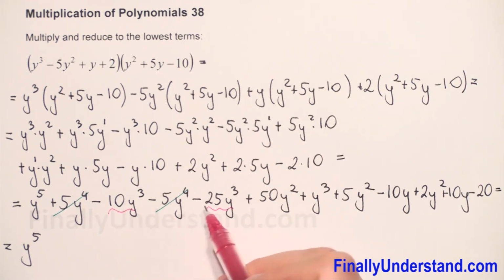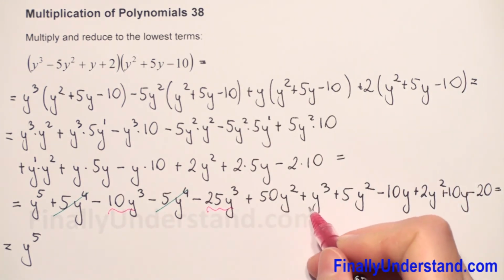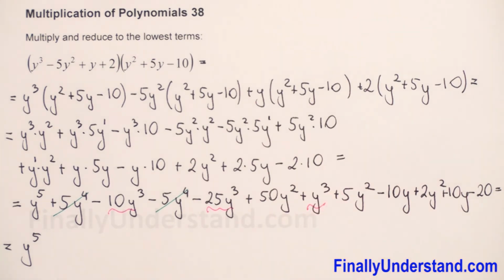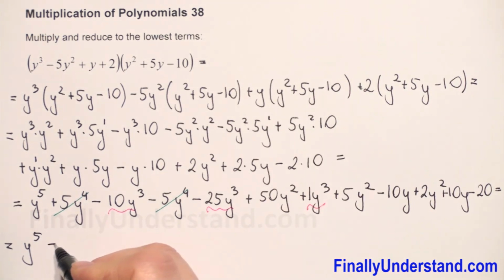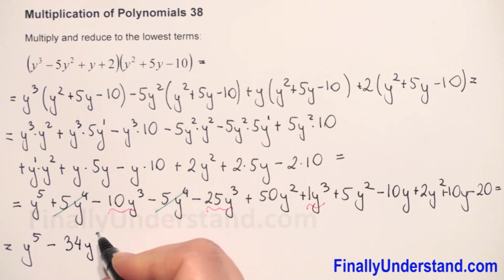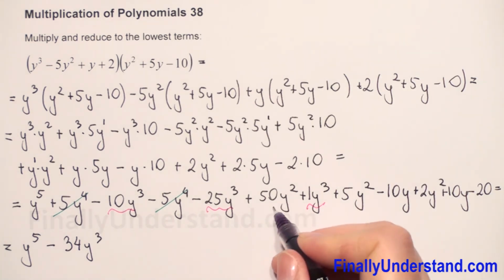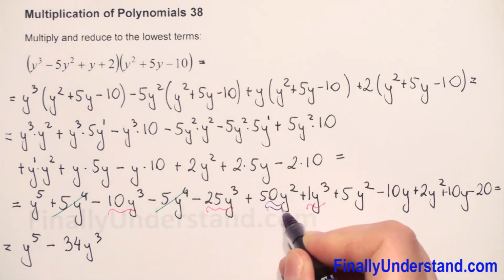So this is negative 35, and plus 1. Here we have an invisible 1, so negative 35 plus 1. So this is negative 34y cubed.